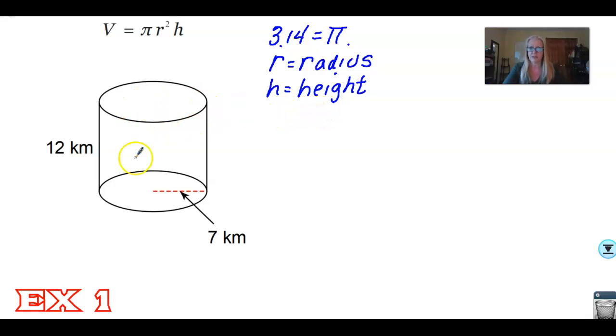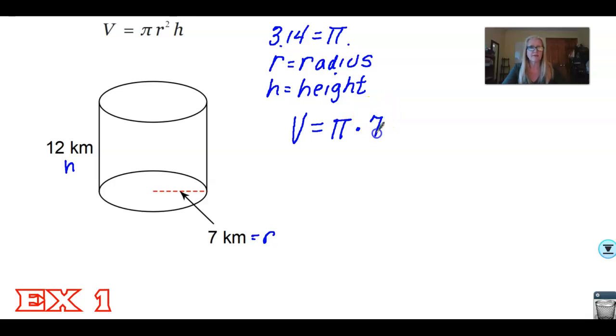So in this particular cylinder, we have a radius of 7. That's our radius. And this is our height. And they're asking us to find volume. So using the formula, you would say volume equals pi, which we're going to use 3.14 for that, times the radius squared.